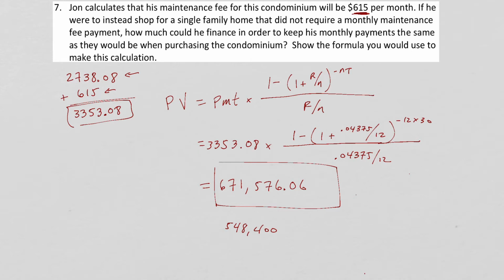But if we didn't have this maintenance fee, we could have borrowed an additional, the difference between 548 and 685 is about $140,000. We could have borrowed an additional $140,000 and purchased a home with $140,000 more value. But that's the trade-off. There's a lot of good things that go along with a maintenance fee, but there is a real cost associated with it.